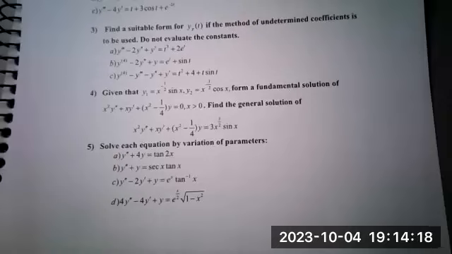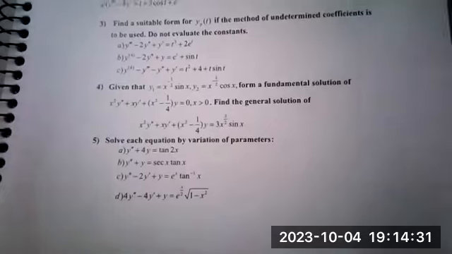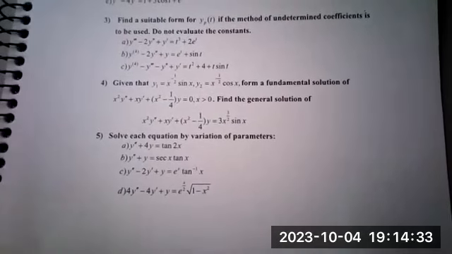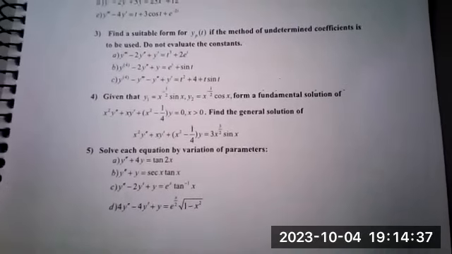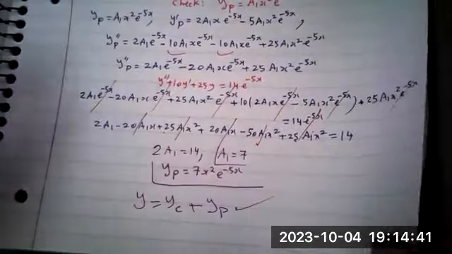Number 3 gives us a chance to do this, because we cannot give you these combinations to solve the equation. It takes time. So that's why we form the question in this form. So number 3, just find a form of the particular solution and leave it. Don't solve it.